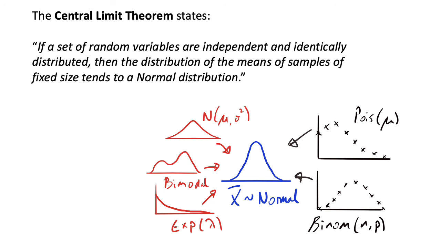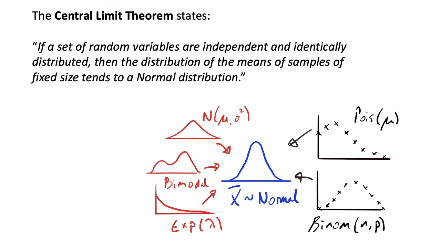So just to conclude, to reiterate what I've said before, the central limit theorem states that if a set of random variables are independent and identically distributed, then the distribution of the means of samples of fixed size tends to a normal distribution. In the little graphic at the bottom here, we see 3 examples of continuous distributions: a normal with mu and sigma squared, a bimodal one, and an exponential with some parameter lambda.